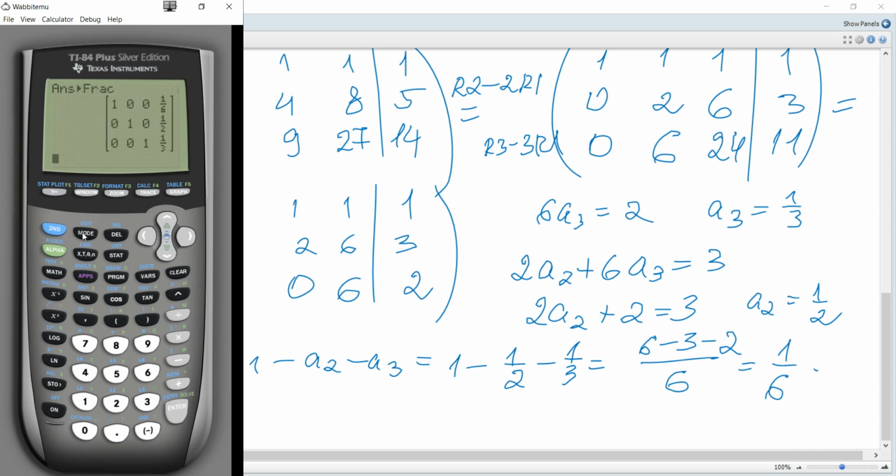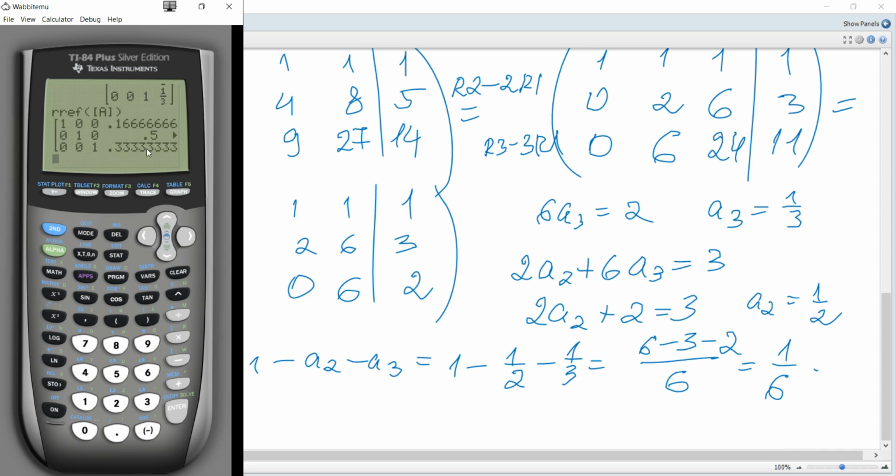Then we choose second matrix, math, and we choose this RREF, enter. Then second matrix names A, because our matrix is A, and just enter.